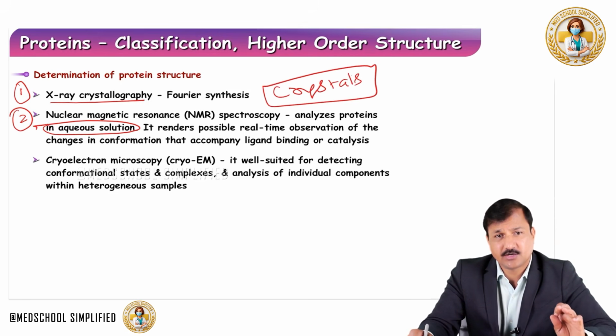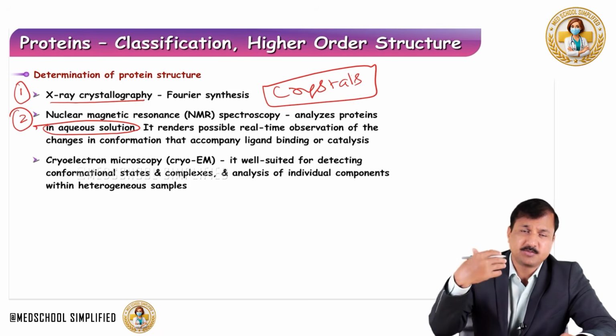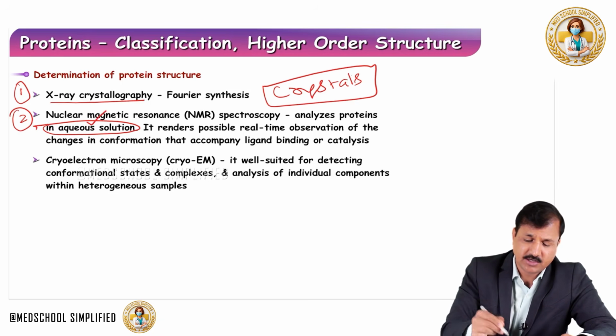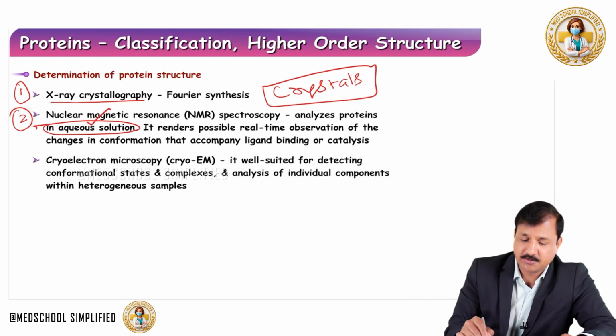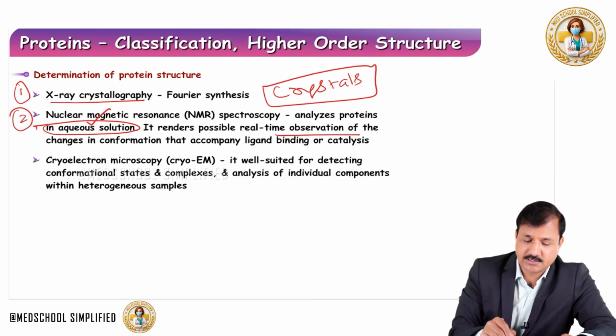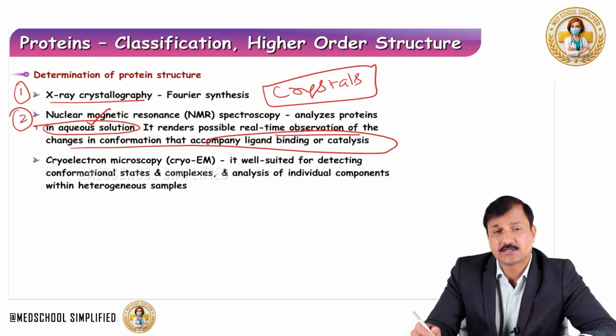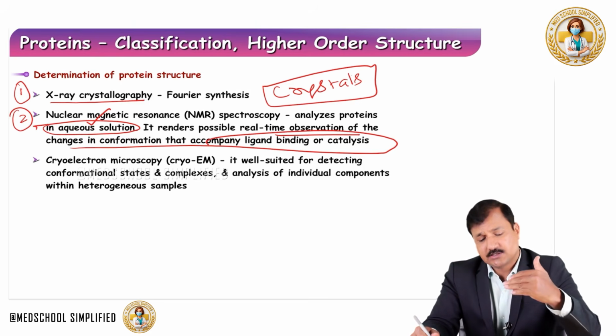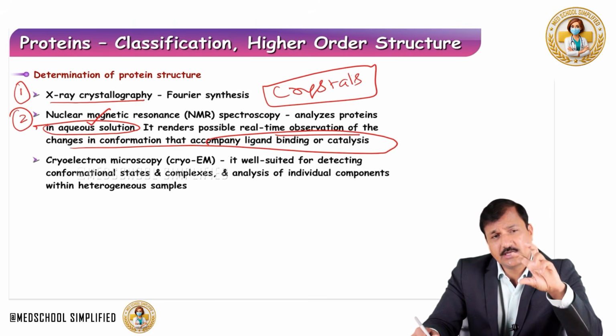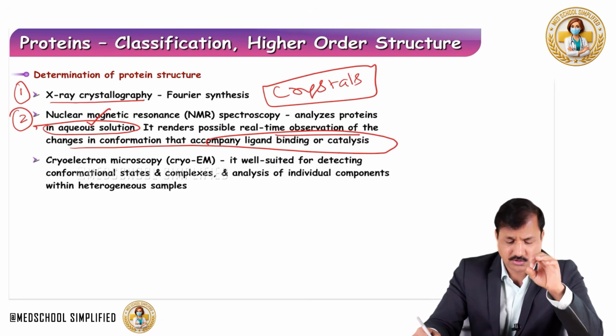Whereas NMR spectroscopy analyzes protein structure when it is in solution. So it renders possible real-time observation of the changes in conformation that accompany ligand binding or catalysis. That means in NMR spectroscopy you can also see the catalytic mechanism of an enzyme where substrate is converted to product. That kind of dynamic change you can measure in NMR spectroscopy.